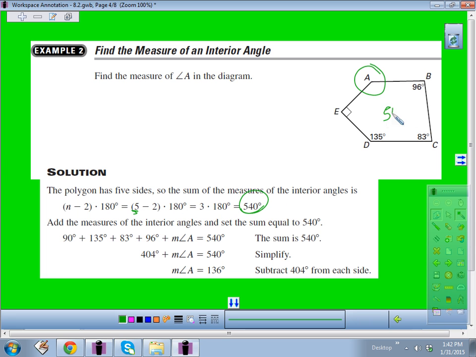So I know all the angles inside of this would equal 540 degrees. So now I'll take the 90 degrees, 135, 83, 96, plus the missing angle we're trying to find and set it equal to 540 degrees. The sum of these 4 angles give me 404, and if I solve for the measure of angle A, I'm going to subtract 404 from each side to get 136.